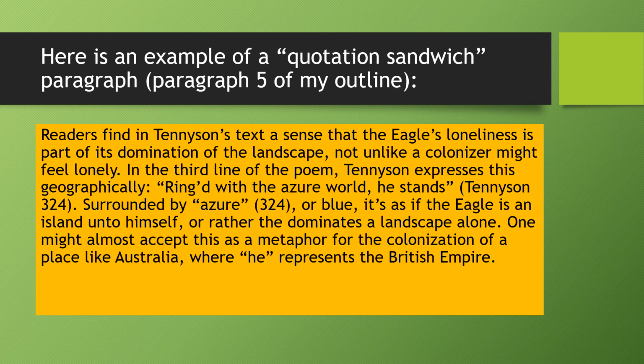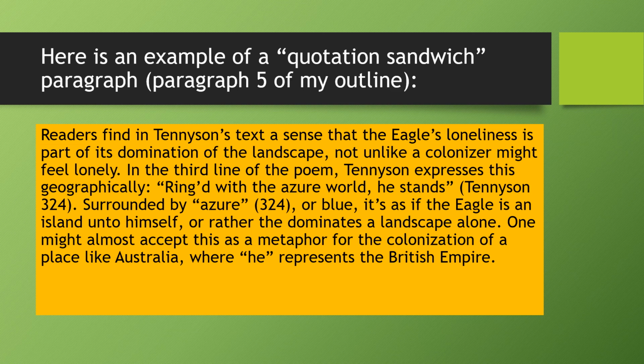Surrounded by azure, I'm now curating, explaining what this means. Or blue, it's as if the eagle is an island unto himself. Or rather, he dominates, it should say, excuse me, a landscape alone. One might almost accept this as a metaphor for the colonization of a place like Australia, where he represents the British Empire.